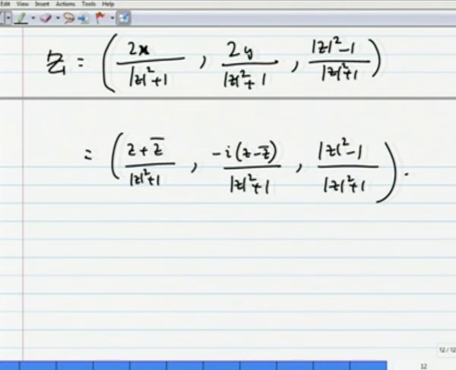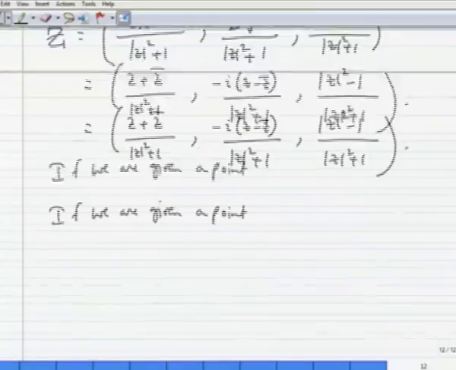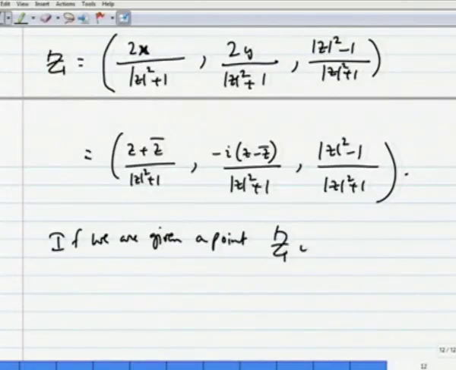Now, the opposite is if we are given a point capital Z on the sphere S, then the point z on the complex plane can be found.